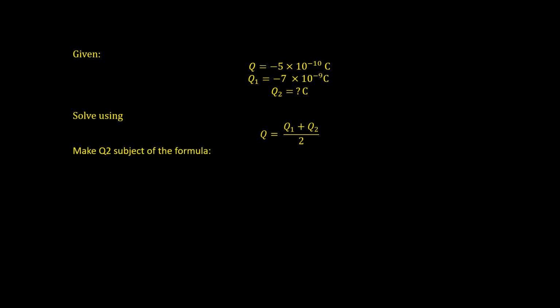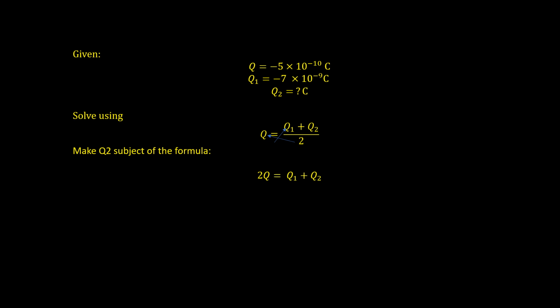It means we need to rearrange the terms by making Q2 the subject of the formula, and we do that by cross multiplying. On the left-hand side we get 2 multiplied by Q, which is 2Q. On the right-hand side, we get 1 multiplied by Q1 plus Q2. So we end up with 2Q equals Q1 plus Q2.